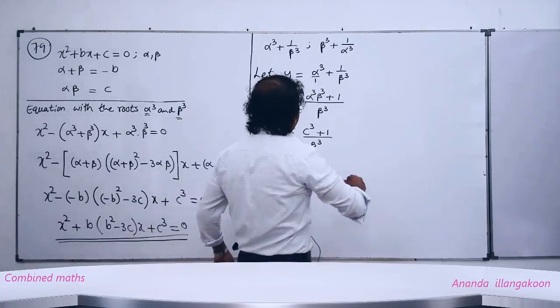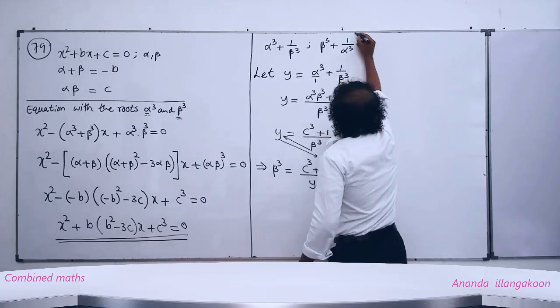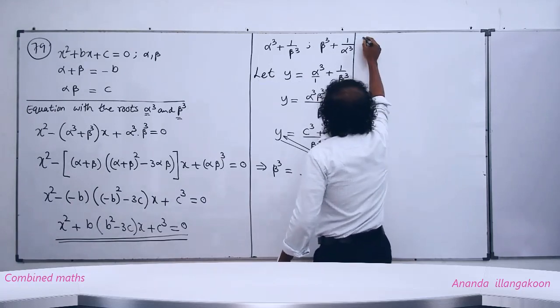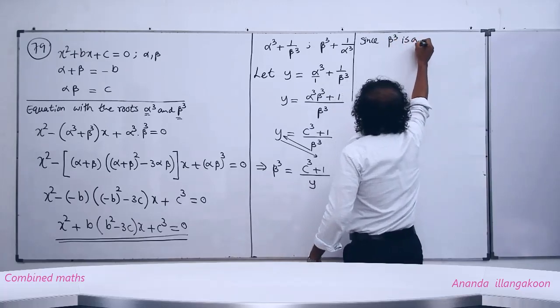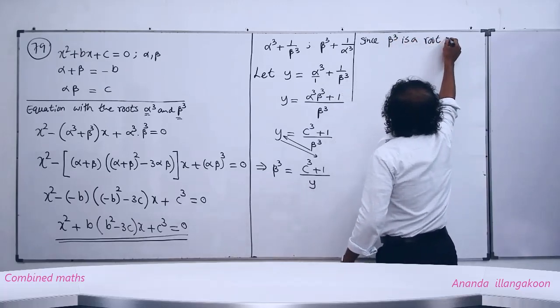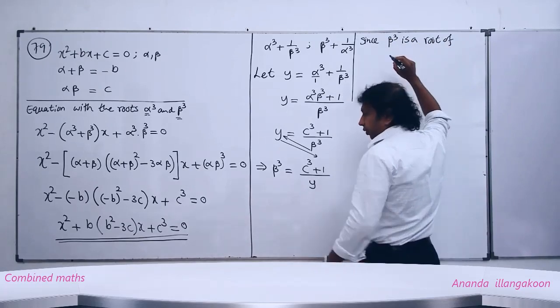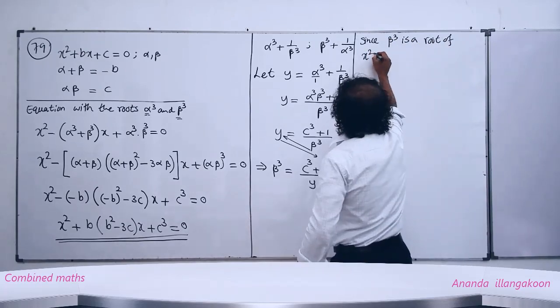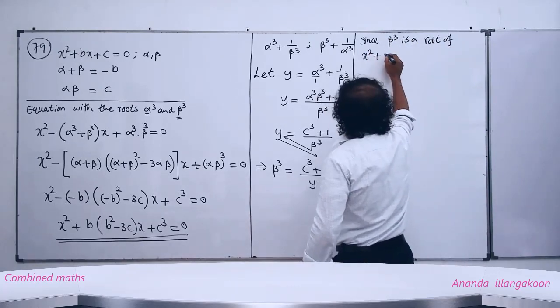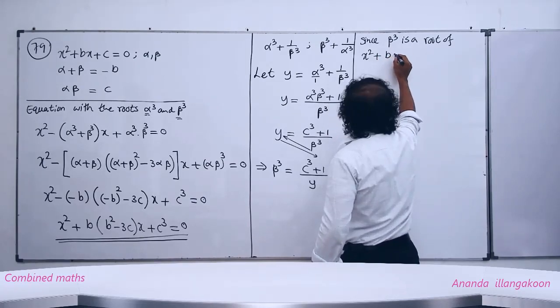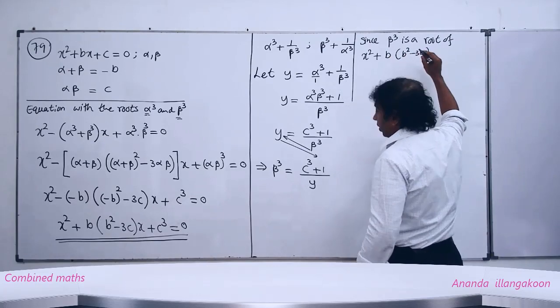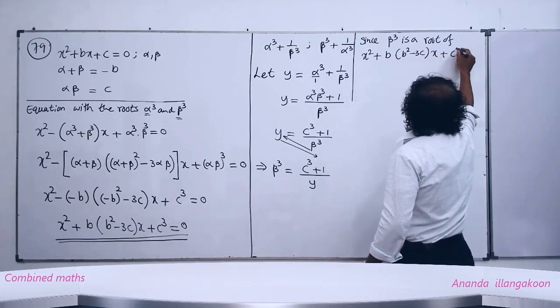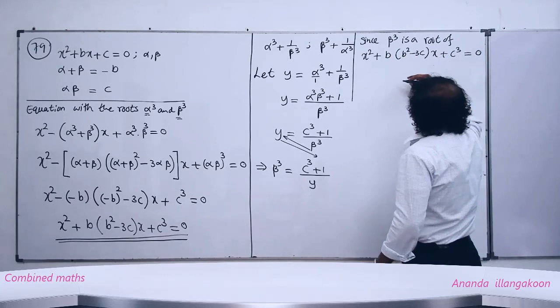Now you can write, since beta cube is a root of x squared plus b times b squared minus 3c times x plus c cube equals 0, we can put beta cube for x.